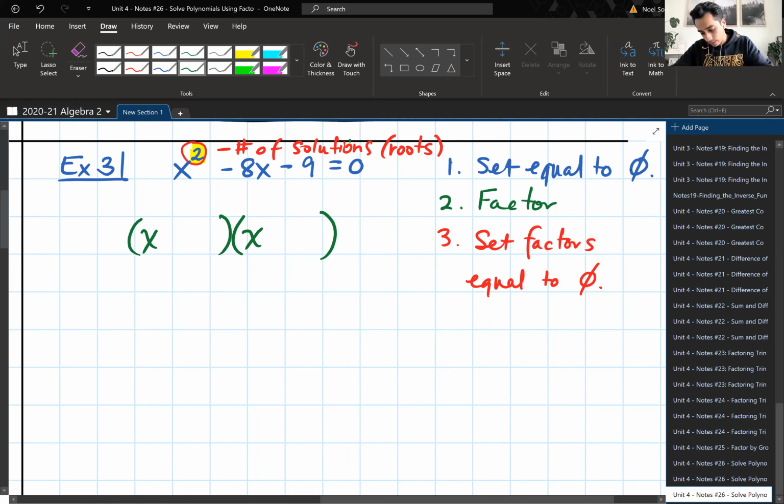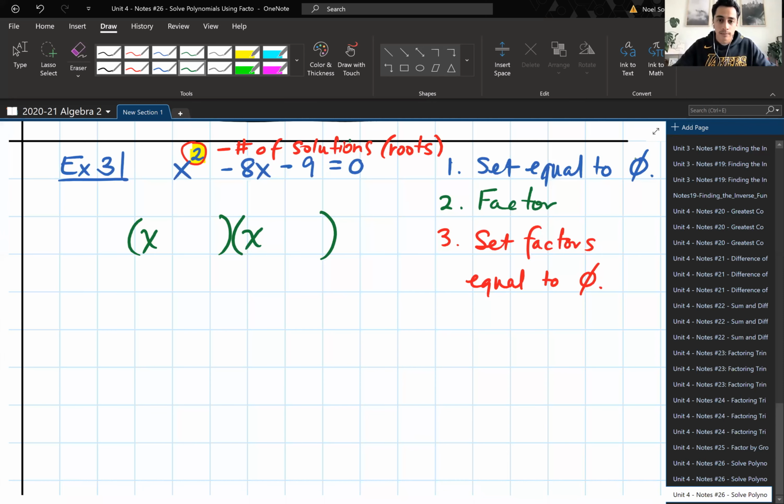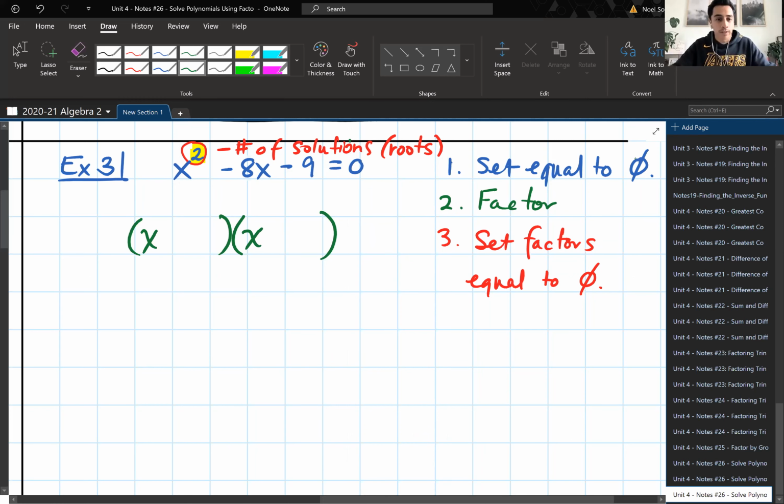The reason why the 0 has a line through it is so that you don't confuse it with an O. All right, so we're factoring what values, what factors multiply to be -9, but add up to be -8.